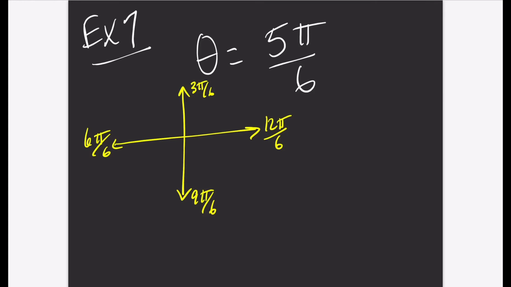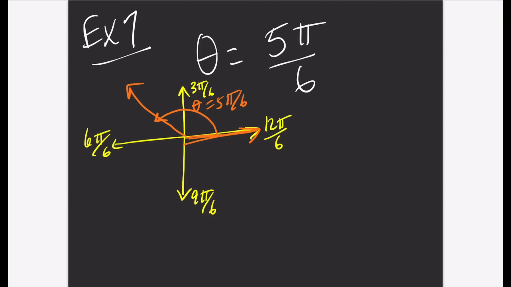So let's graph 5 pi over 6 first. Let's start at our positive x-axis. Here's our initial side. Your terminal side will be in the second quadrant. So theta equals 5 pi over 6. Remember, if you want to find a positive coterminal angle, go ahead and add a full revolution.